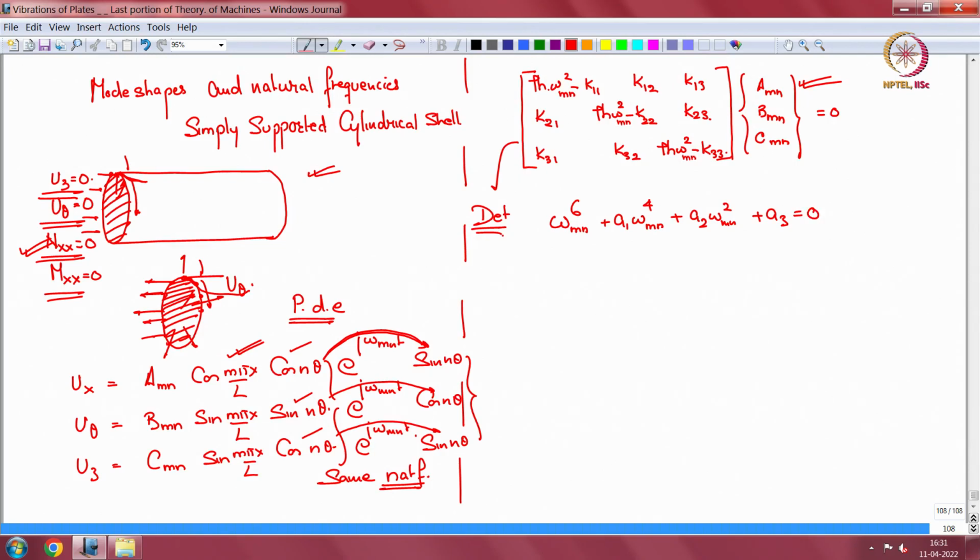It is actually a cubic, so you can solve for it. You get omega 1 mn squared, omega 2 mn squared and omega 3 mn squared as the set of natural frequencies.